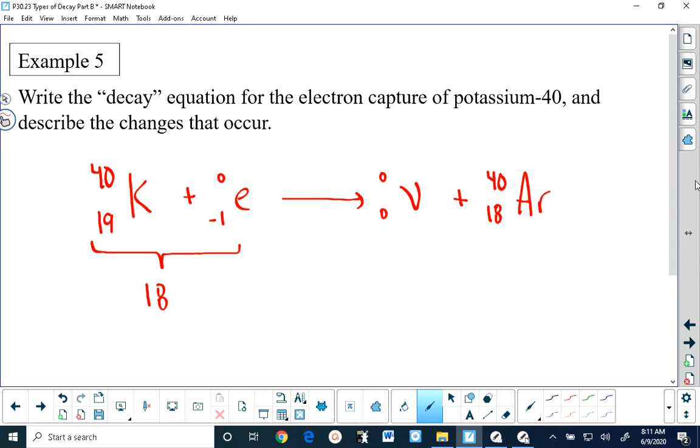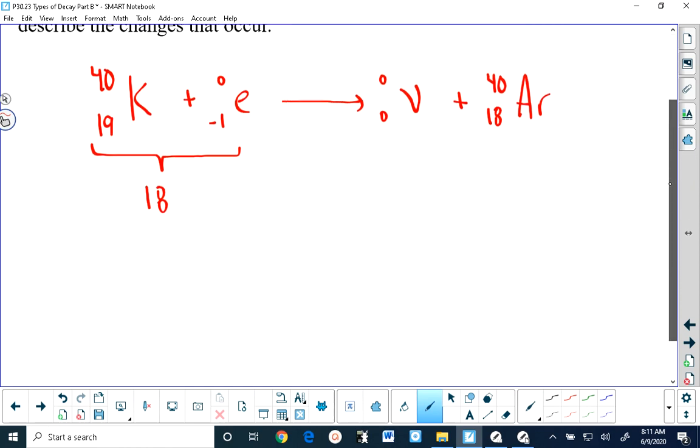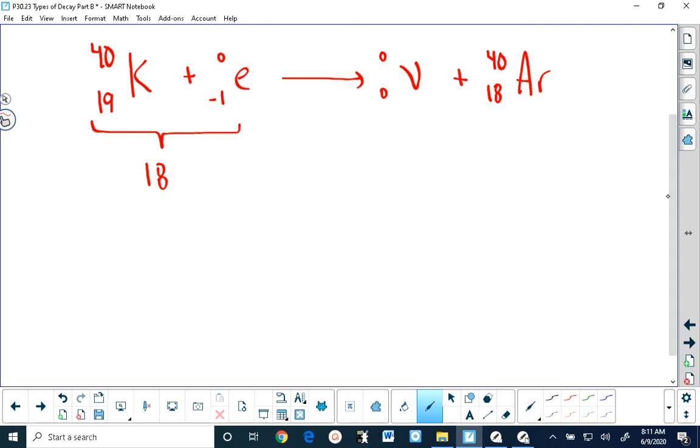The other thing we're asked to do is describe the changes that occur. This is the same type of thing we did with beta decay and also with positron decay. What I can do is list the numbers of each type of particle. When I look at the bottom number of the potassium, that tells me that the charge is 19, but I know it's 19 protons. If I want to find the number of neutrons, I need to take the total number of nucleons, which is 40, and subtract the number of protons, which gives me 21 neutrons.